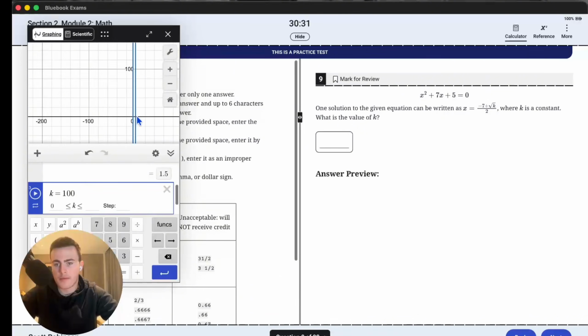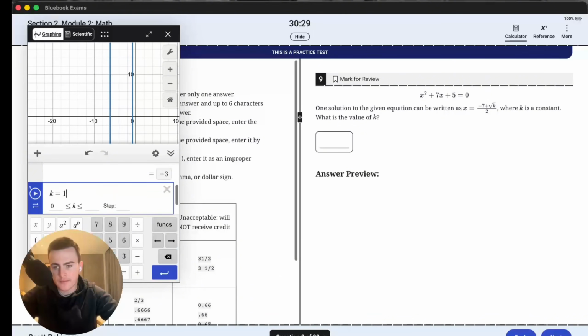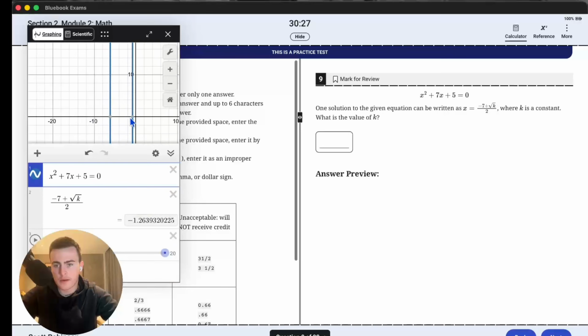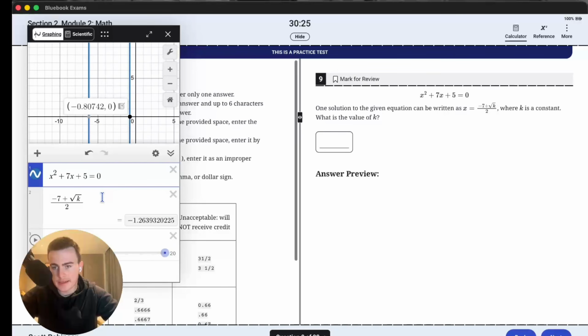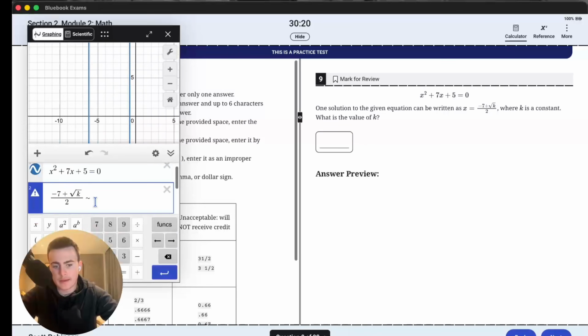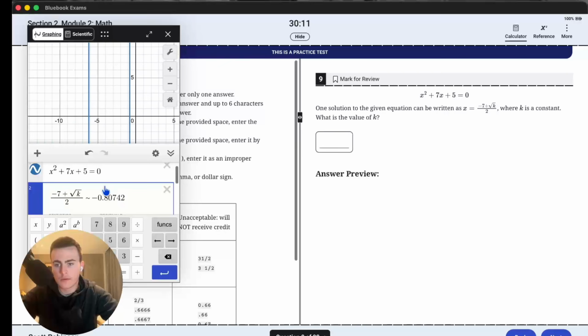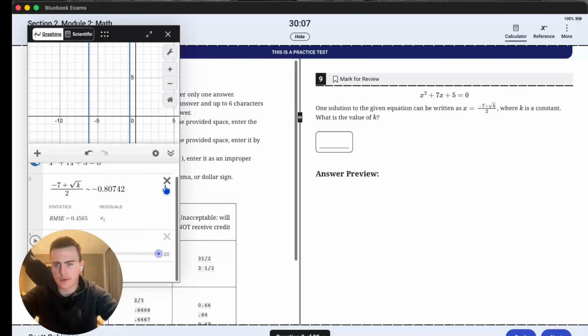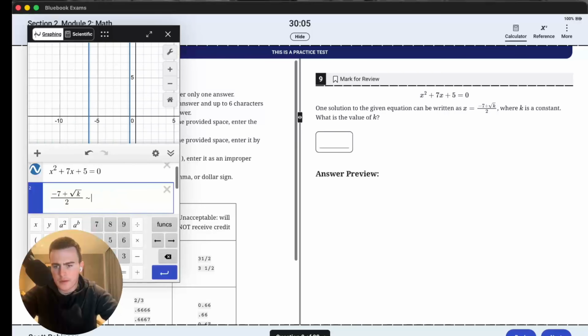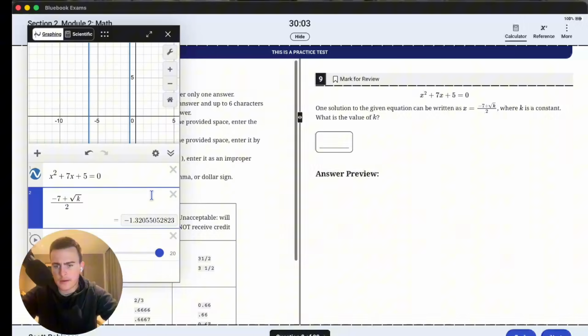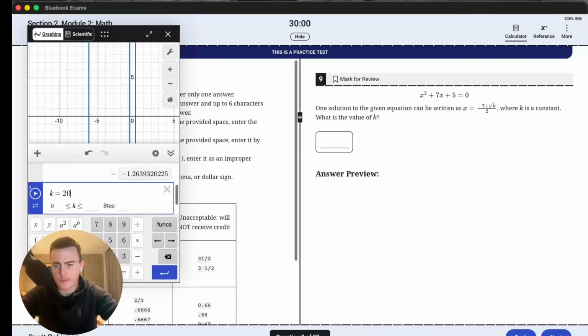If k is 100, that's too high. 20. You're looking for this right here. So I guess I could just set it equal with a tilde. Tilde negative 0.80. Sorry, I'm terrible at typing. 0.8742. Is that fine? Ooh, I don't know. We might be in trouble here. Hold on. Slider. 0.80.